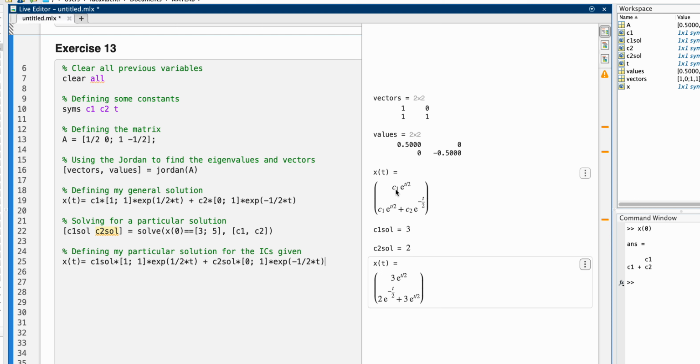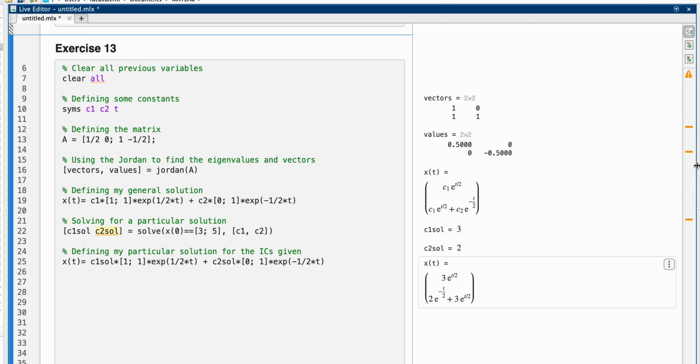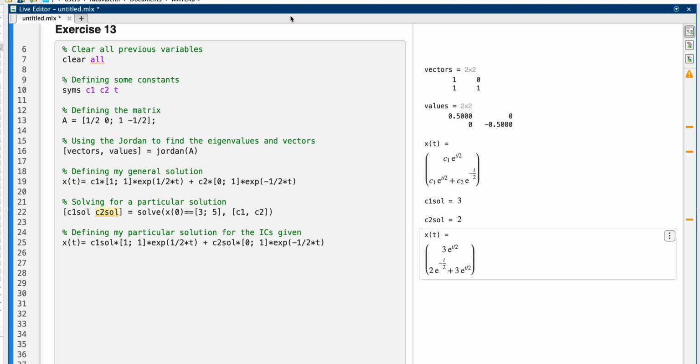See, it just substituted 3 for C1 and 2 for C2. There's another way to do it with the subs function, but this is what I was thinking at the moment. So this is how to solve with initial conditions in Matlab. I hope this was helpful, and I'll see you next time.